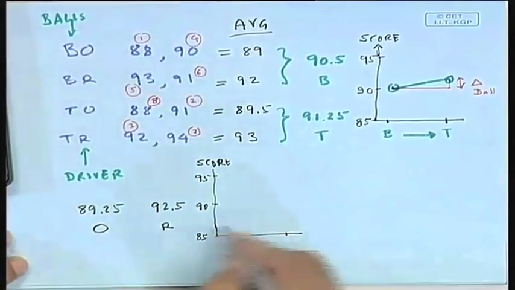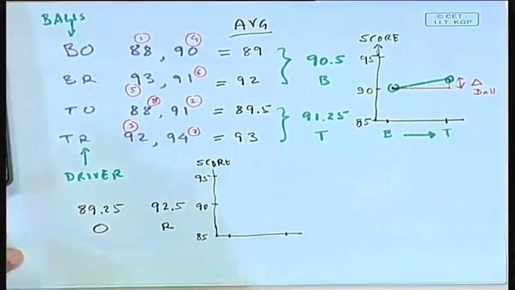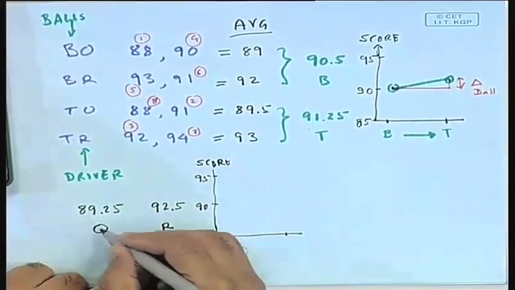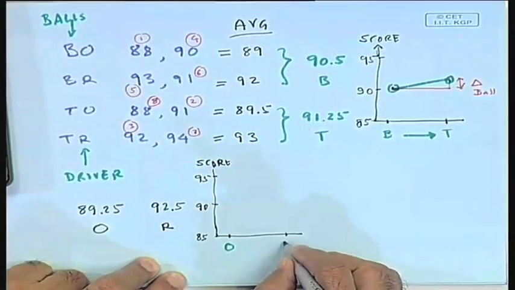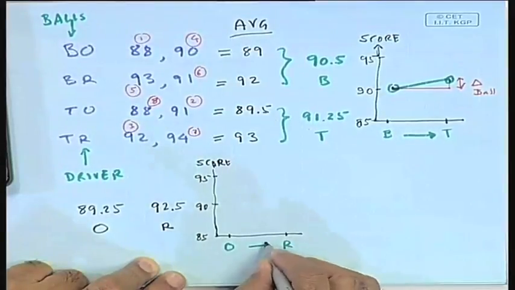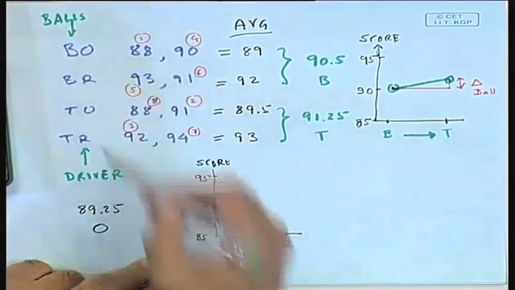I have 89.25. Let's first put down what it is that we are plotting. Type O is here and type R is here. These are driver types. I have O type driver and R type driver.